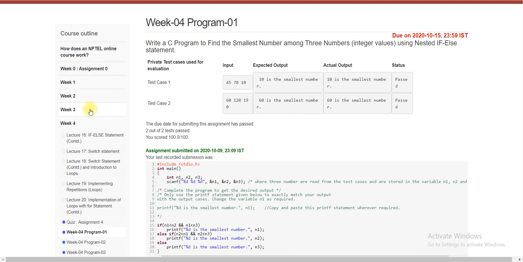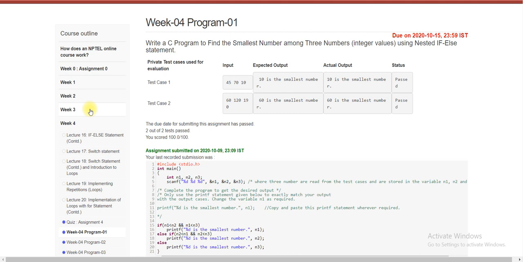In 3 weeks we are getting only quiz assignment, and in the remaining how many weeks? 9 weeks. In 9 weeks we are getting quiz assignment plus programming assignment. Okay guys, am I clear? The week 3 programming assignment will not be counted towards the final score as per the notification.